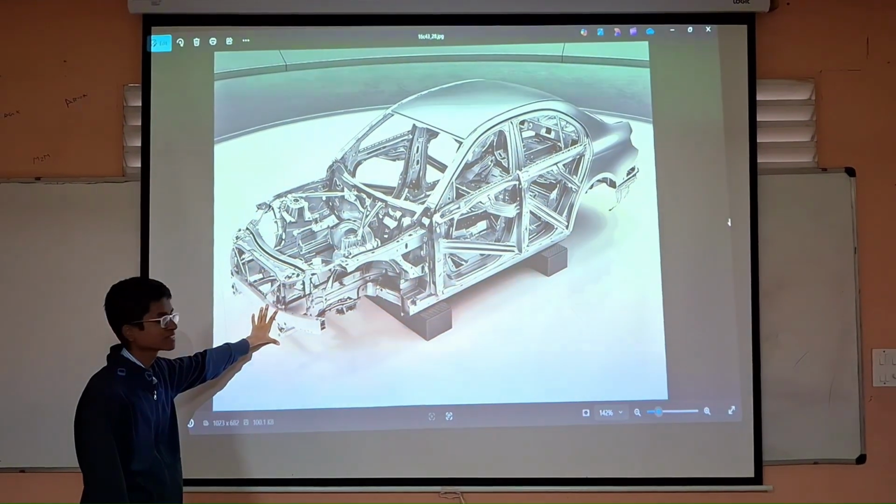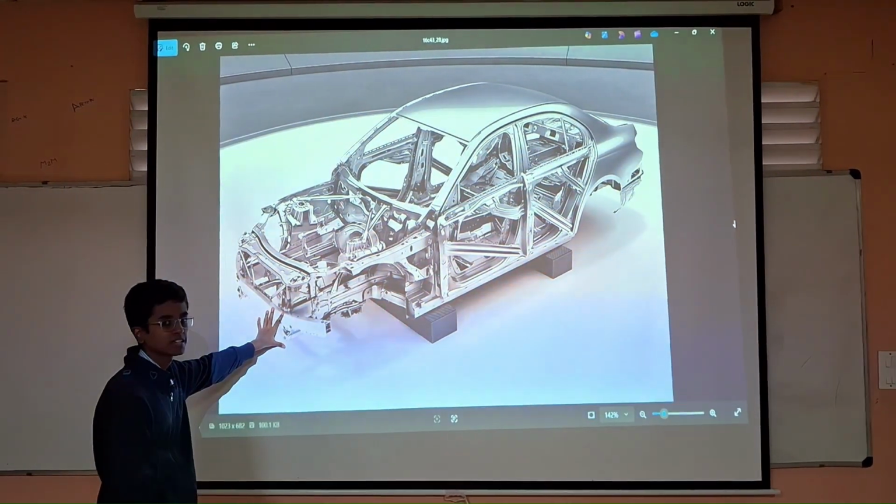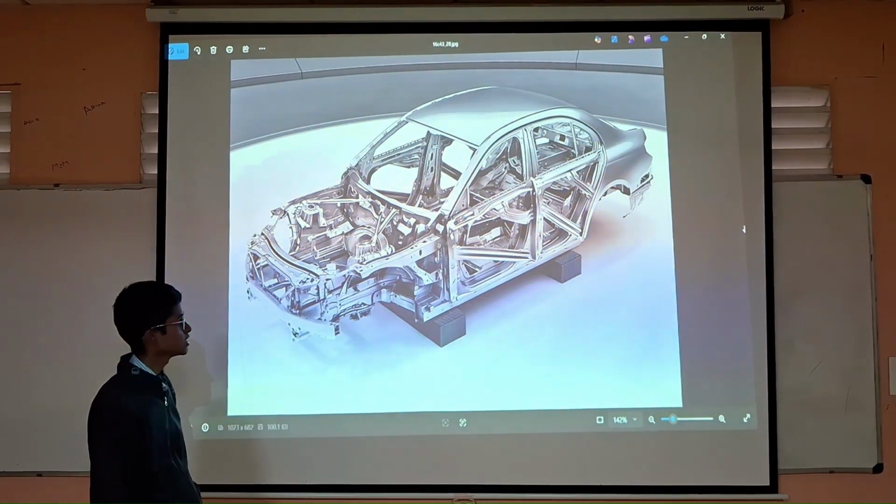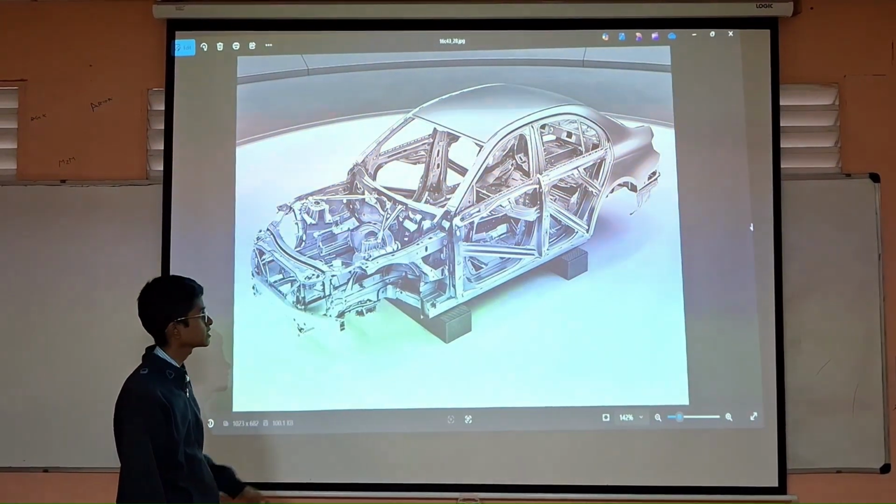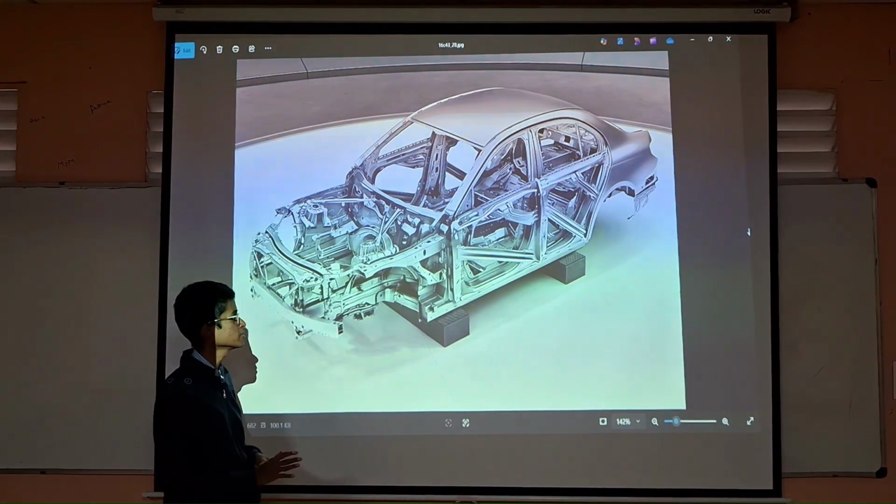This chassis can be used in sedans, hatchbacks, and crossovers, but is not suitable for off-roading types like pickup trucks and jeeps.